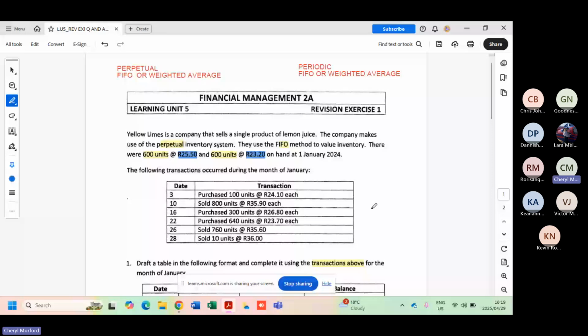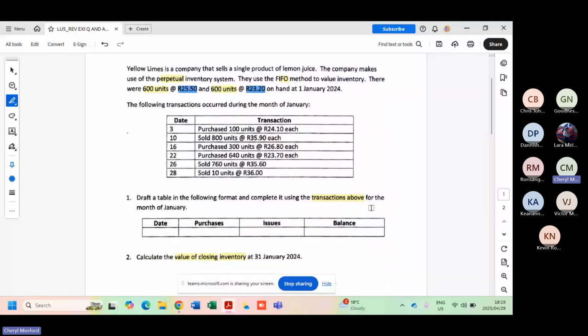It's only in the weighted average that you would combine them. So the most important thing here is that you keep each batch of the inventory separate. Never try to add them or multiply them or in any way combine them. Keep them separate. Right. So I'm going to show you the answer here, completing a table with those headings.